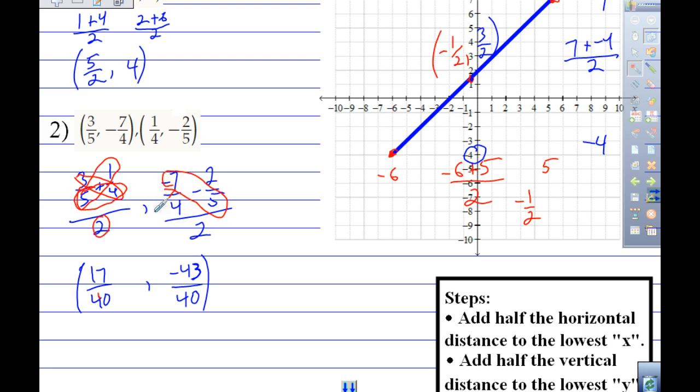Negative 35 minus 8, negative 43 over 20. Okay. Divided by 2 over 40. So again, have some number sense. I don't want you just blindly putting things in calculators and making 5th grade math difficult, putting answers that make no sense, when you can do some mental arithmetic and probably get the answer faster and more accurately.